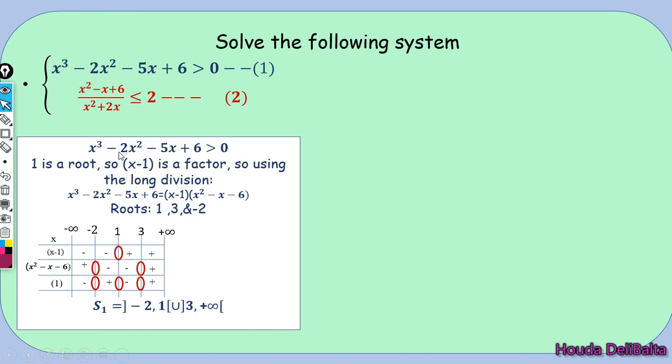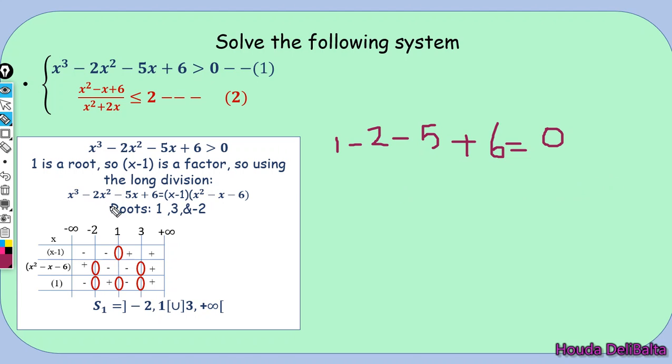It is x cubed minus 2x squared minus 5x plus 6. By evaluating 1 in place of x, we notice that we get 0: 1 minus 2 minus 5 plus 6 is definitely 0. That means that 1 is a root of this, so x minus 1 is a factor as well.